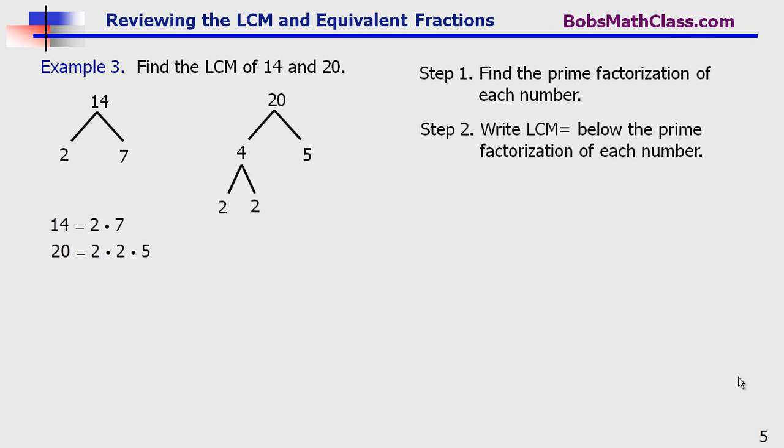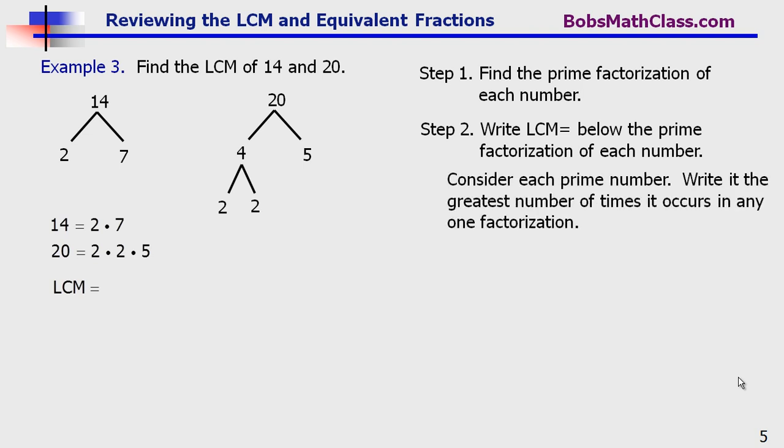Okay, here we go. This is the good part. Right, LCM equals, and now we're going to consider each prime number and write it the greatest number of times that it occurs in one factorization. So the number 2, what's the most times that it appears in one row? Twice, right? It appears in that second row twice.